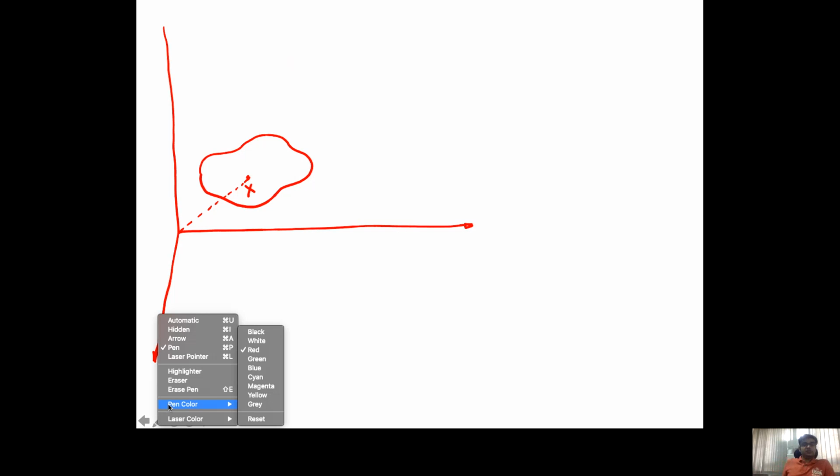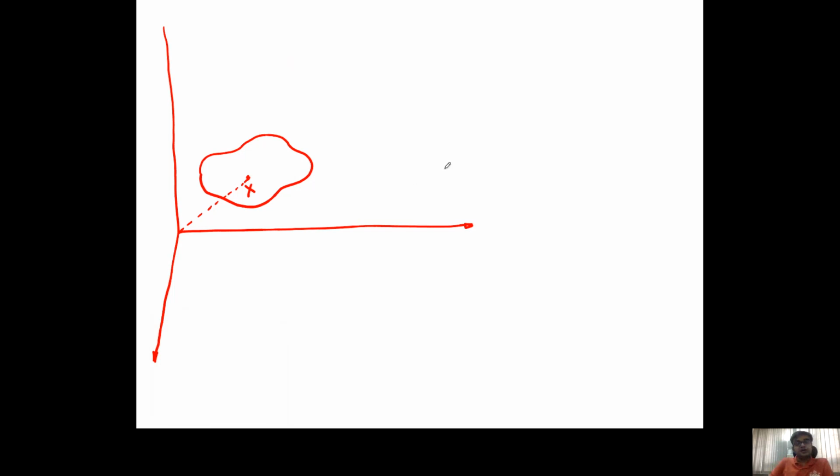So the first step is we are going to consider a coordinate system. Okay. So let us say this is my coordinate system. Then let us say this is my body, and then on this body there is a point X. What is the value? X vector is represented by this dotted line, right? Now let me change the color of the pen.